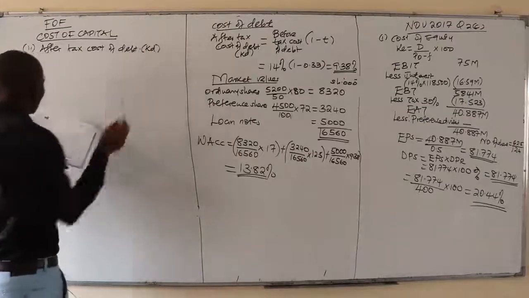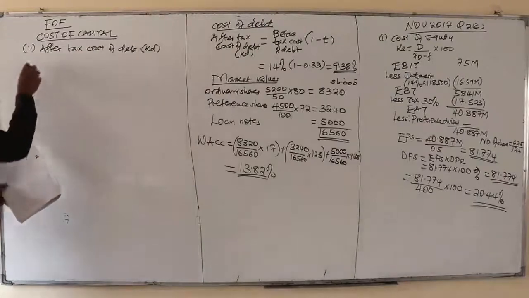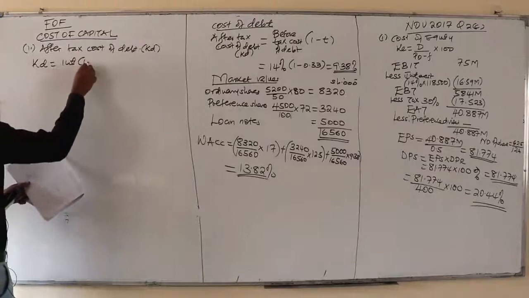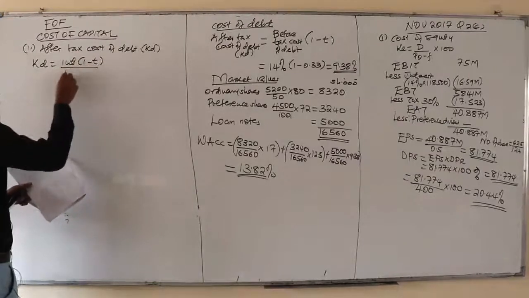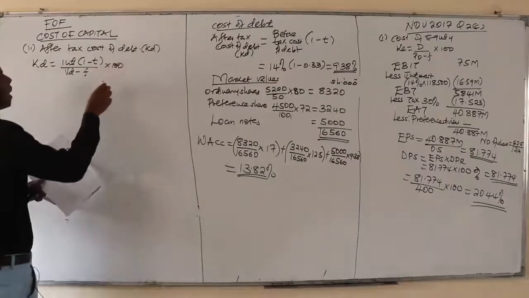And to get the KD, it will depend with the type of the debenture. And when you check, we've not been given the maturity period of the debenture. And therefore, to get this one, it will just be the interest, 1 minus tax, all over the value of debenture minus protection cost, you multiply by 100.